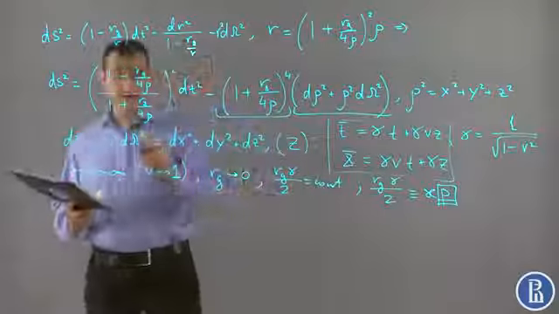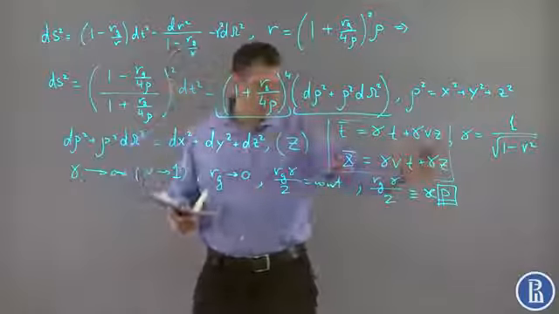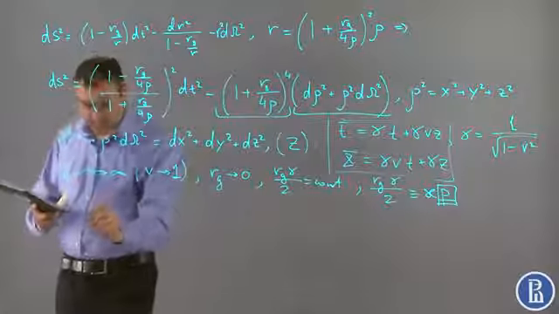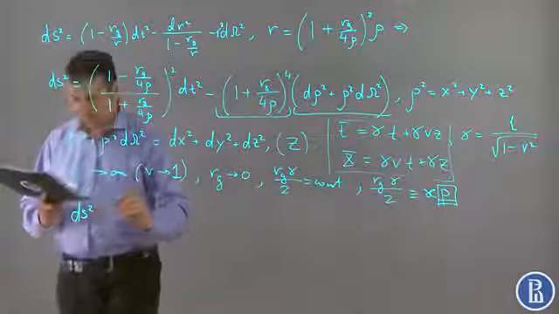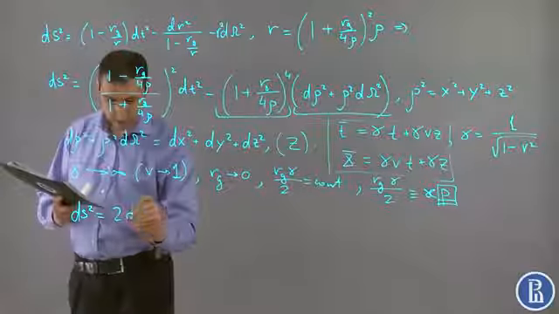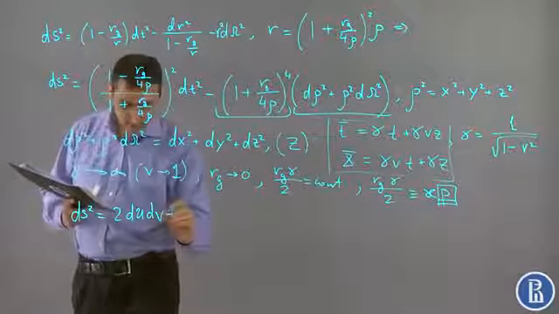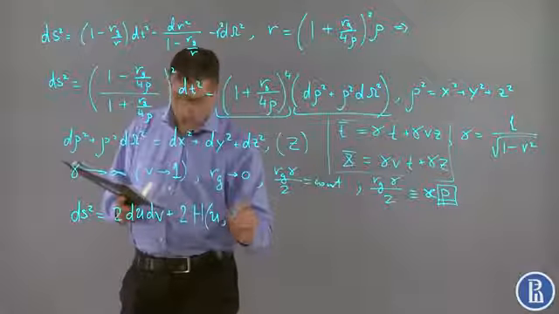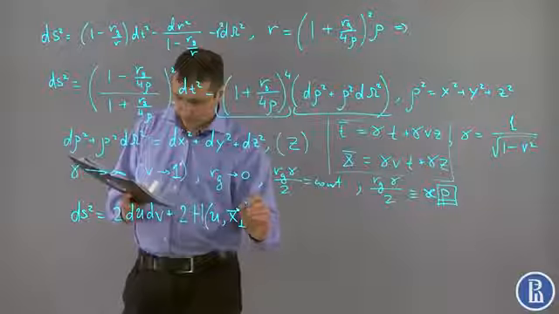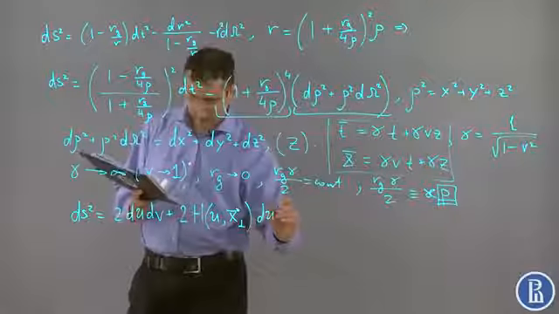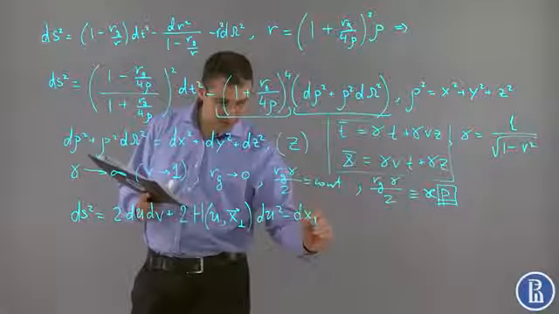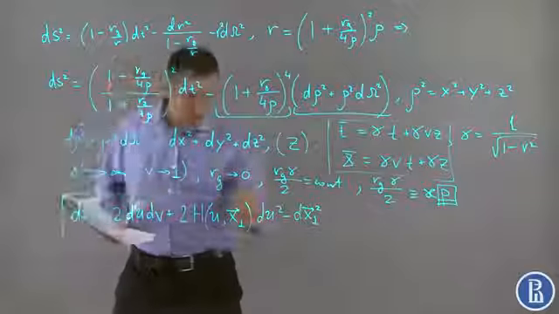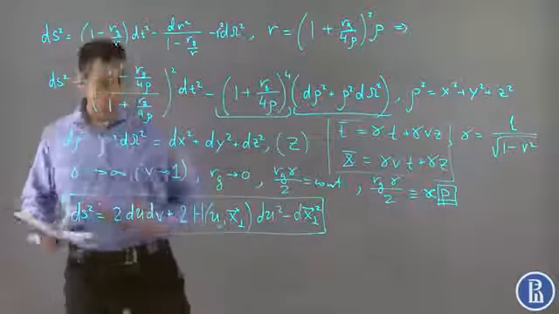So the result after this transformation and taking this limit is that the metric is transformed in the leading limit to the following expression: du dv plus 2h, where h is a function of u and x perpendicular, minus dx perpendicular squared. What x perpendicular is, I will explain right now.